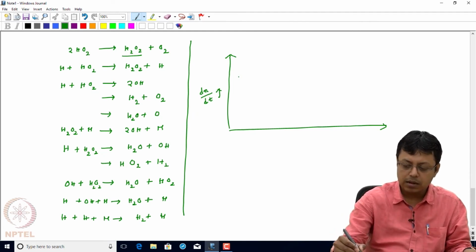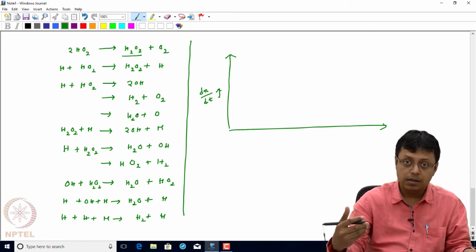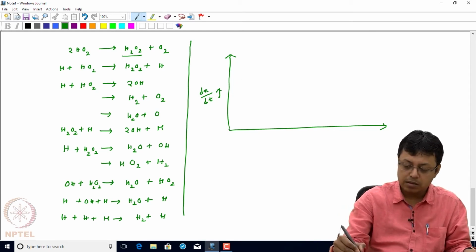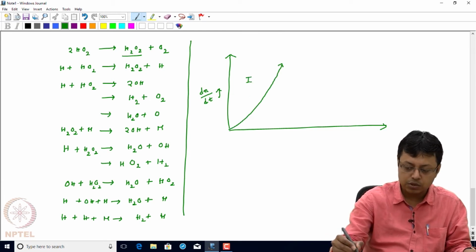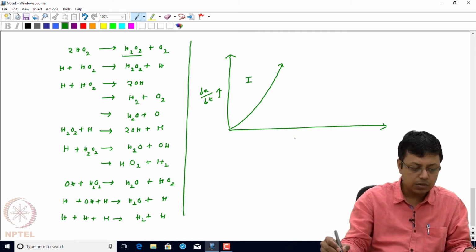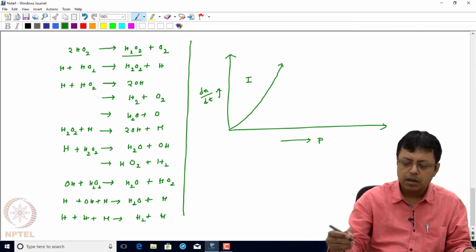So, in the very early stage, when the propagation or the branching is controlling, you have a zone where you actually have an explosion. We call this zone 1. Here the x-axis I am plotting as a function of, say, pressure. If I increase the pressure, I can have an explosion in the very early pressure range.